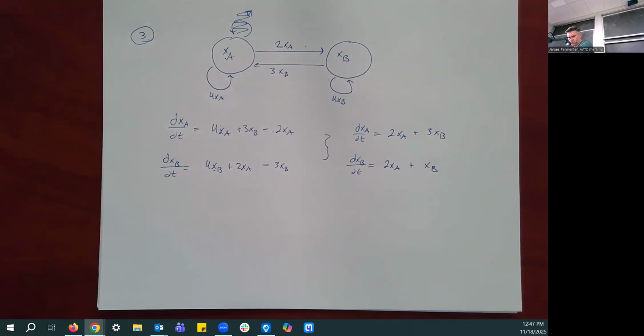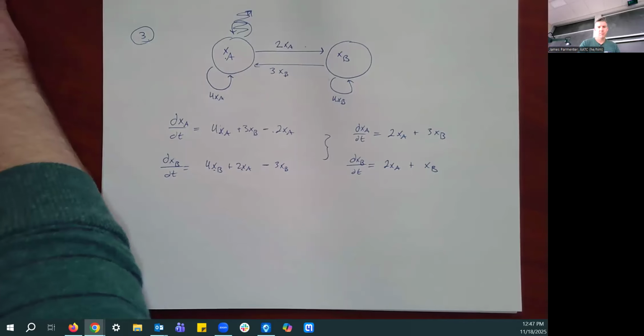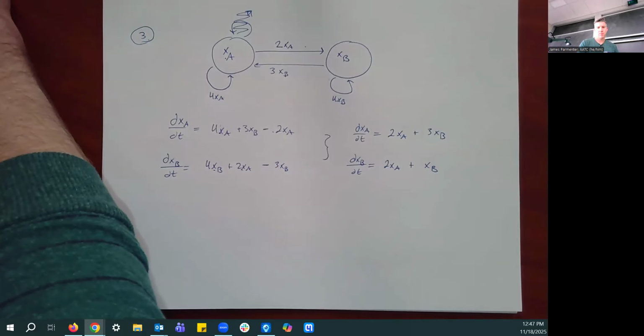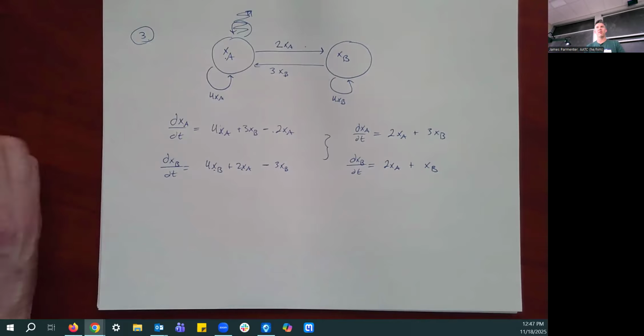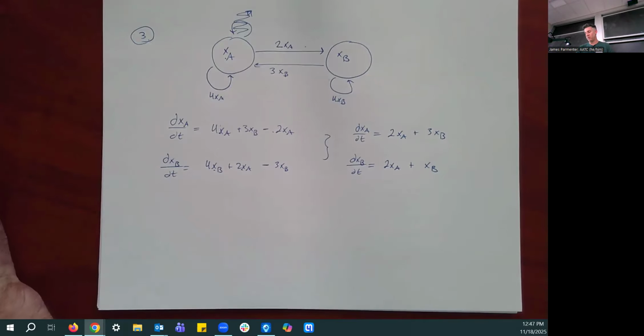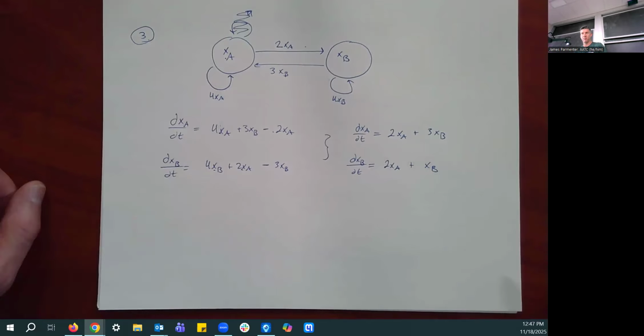Interesting. Which I would say is a system we should work on, except I think that's exactly the matrix we already kind of worked with. Well, technically not the exact same. The matrix we started with in the other problem was 3, 2, 1, 2 instead of 2, 3, 2, 1.